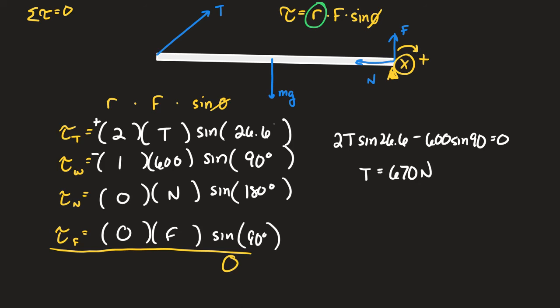I mean, if you just look here, it ended up being 600 divided by 2 sine theta. As theta gets smaller, sine of theta gets smaller, T gets bigger. It's possible for that to go to infinity.